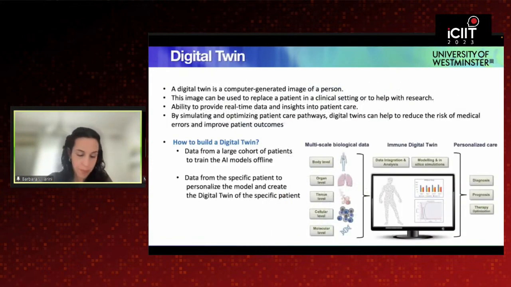So I would like to finish the presentation by speaking about the final goal of our research group, which is to build a digital twin. A digital twin is a computer-generated image of a person, usually in the form of an avatar, and this image can be used to replace a patient in a clinical setting or to help with research.